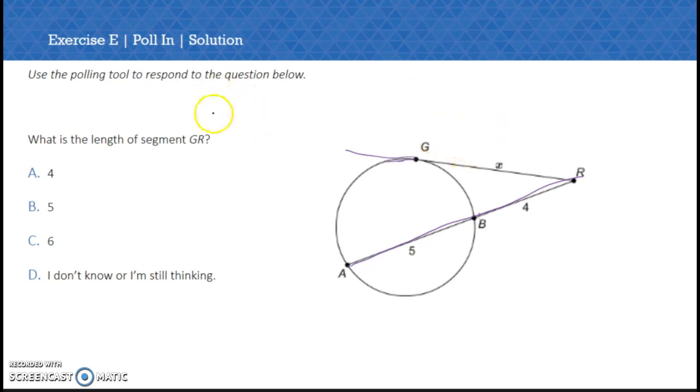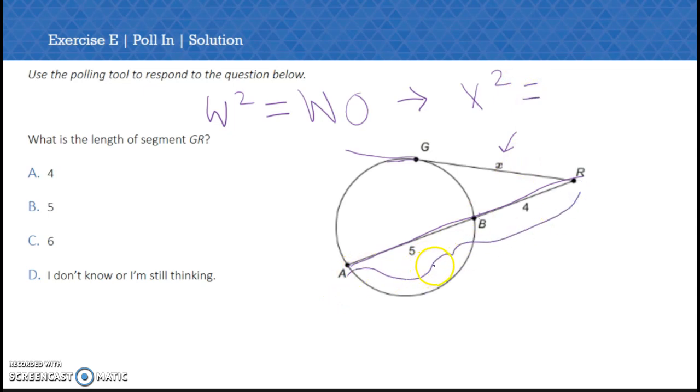The rule for that, remember, is from the tangent, the whole squared is equal to, from the secant, whole times outside. So what that looks like here is whole squared. Well, we don't know what that is for the tangent, so we'll just say x squared is equal to whole.